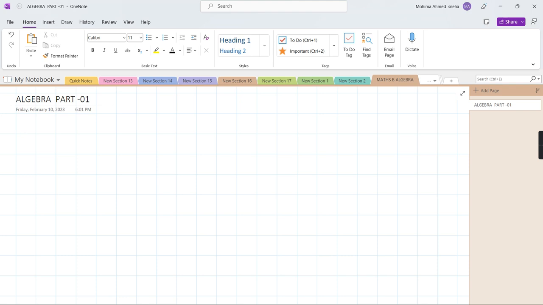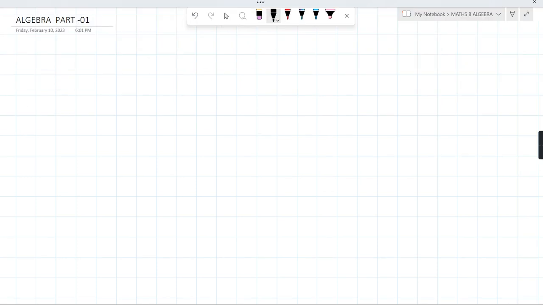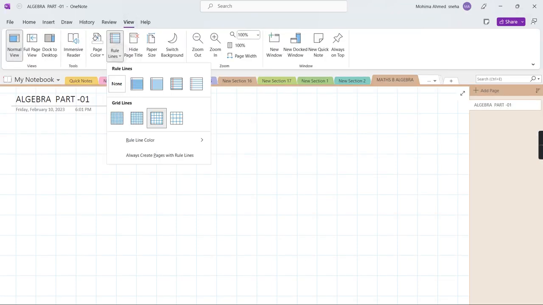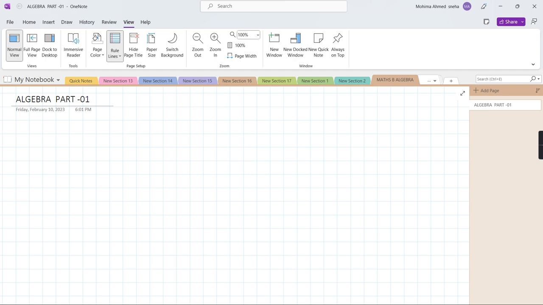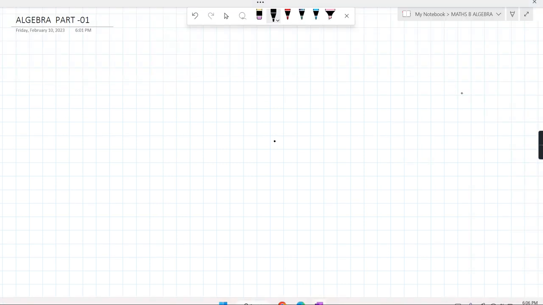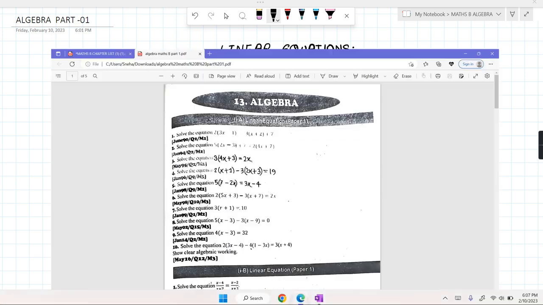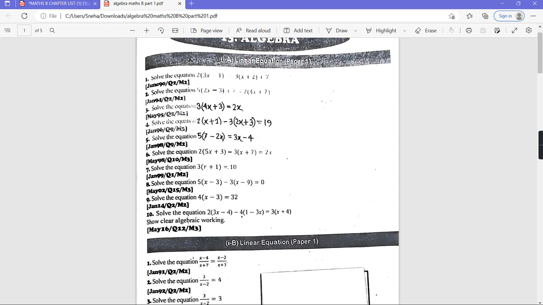So we are going to start with linear equations. For linear equations, if I go back to this PDF book, there are certain questions.